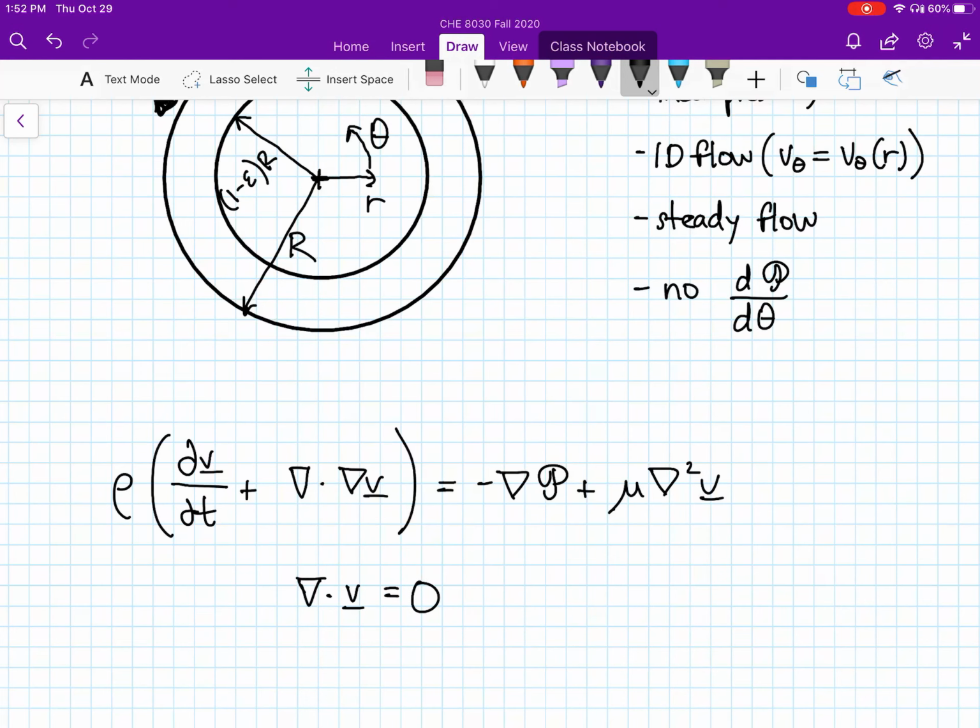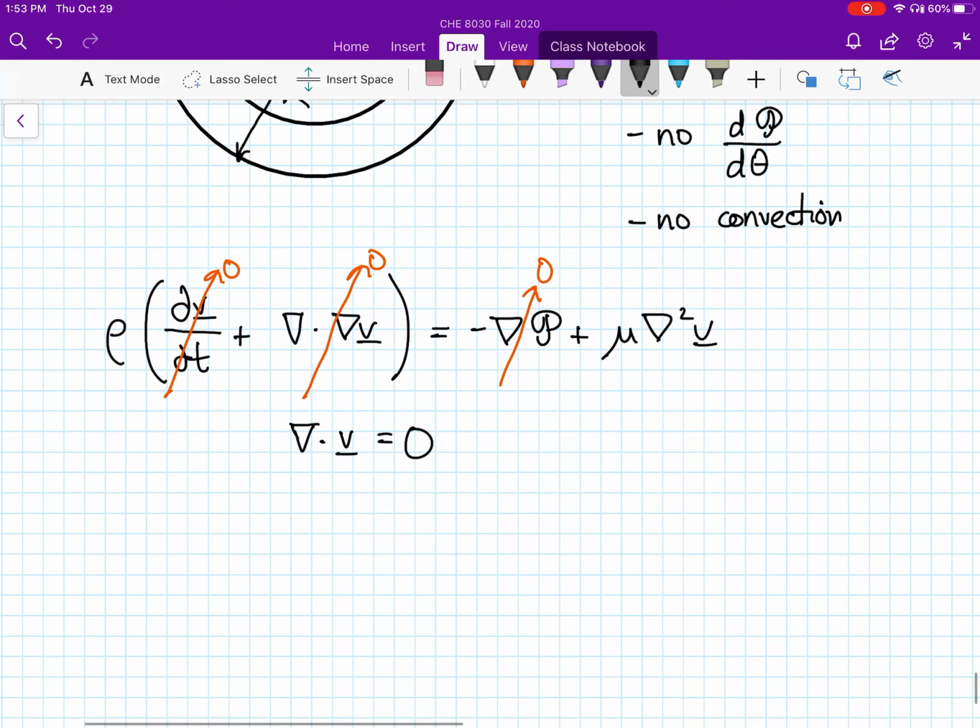Okay, so Navier-Stokes, continuity equation, we have steady flow. That goes away. I keep forgetting to write this, but no convection. So the second term goes away. We are told we don't have any contribution from our dynamic pressure.